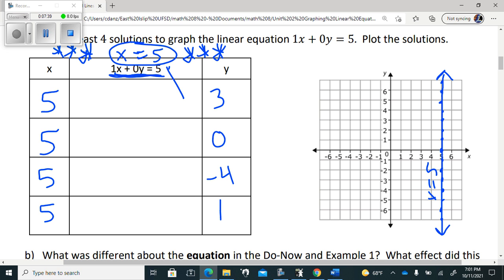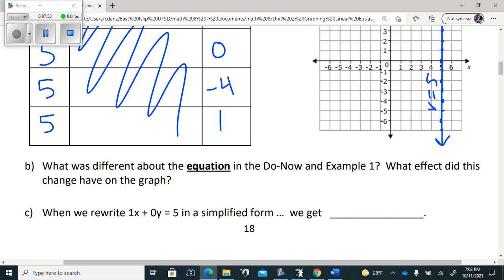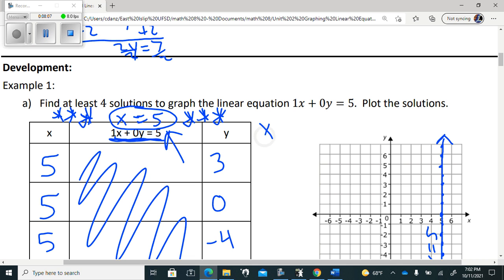Okay, so when they tell you that x is 5, this part of the table doesn't need to be filled out. You put x is 5 and you pick anything for y, and it makes a vertical line. So we don't really have to answer this question, and we already simplified this to be x is 5. And something that I want to write is whenever you see x equal some number, and I'm just going to leave a blank box here.